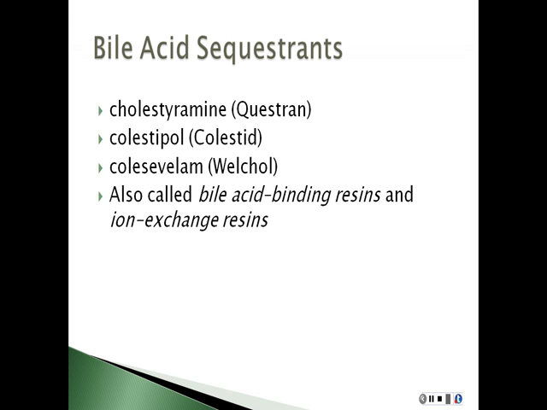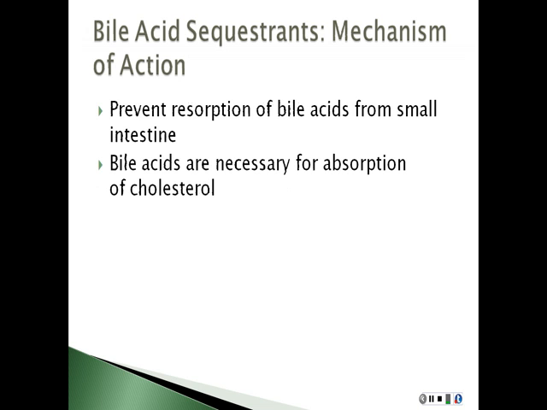These drugs, besides being called bile acid sequestrants, might also be called acid binding resins. So they work by preventing reabsorption of bile acids from the small intestines, which is then excreted in bowel movements. The bile acids are necessary for absorption of cholesterol from the small intestines and are also synthesized from cholesterol by the liver.